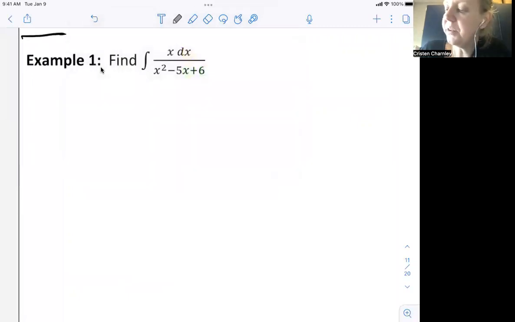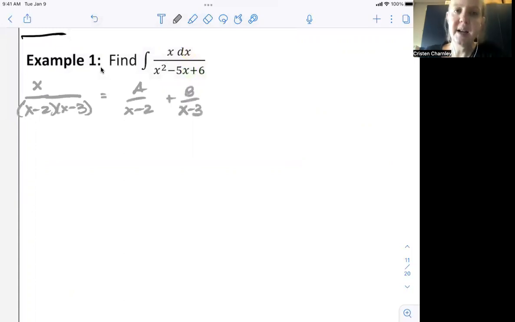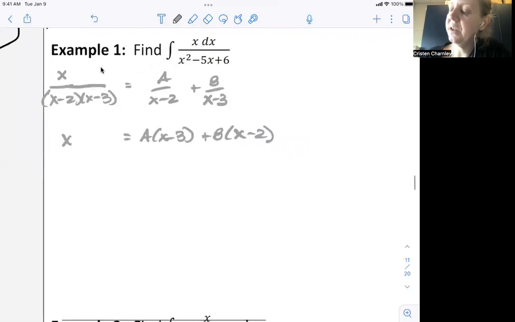I'm going to set up the partial fraction decomposition. Let's see, this factors into x minus 2 times x minus 3. This is equal to A over x minus 2 plus B over x minus 3. And again, you want to multiply through by the common denominator to clear all the fractions. And then next, you select the values of x that you're going to use.